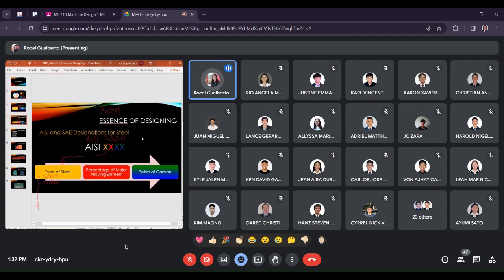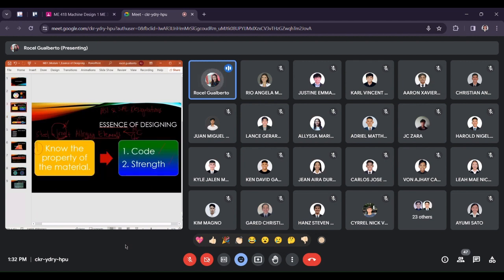Now, the next digit pertains to the percentage of the major alloying element. Going back to what we said earlier, steel is iron plus alloying element.